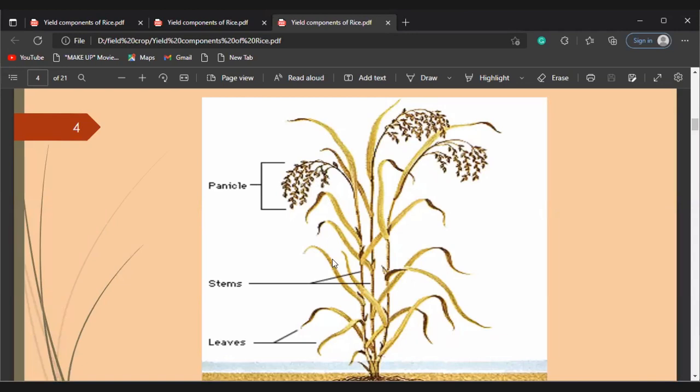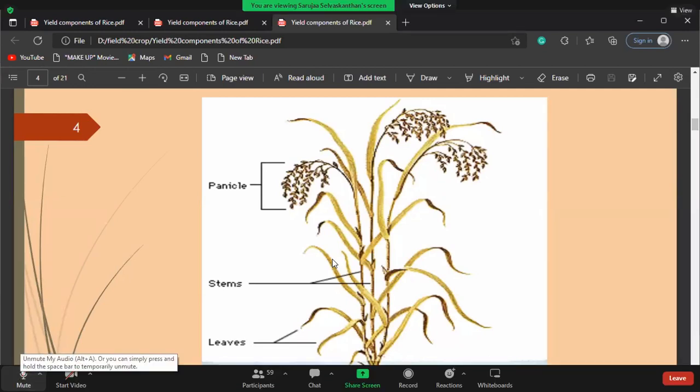Now you have to tell whether the following statement is true or false. The paddy plant can produce one panicle per plant. True or false?